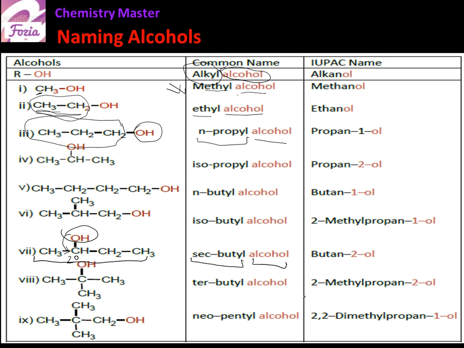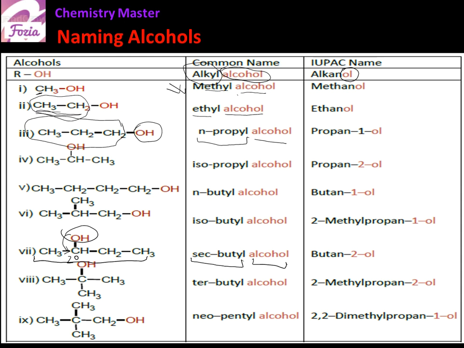But when we write the IUPAC name, we have to follow certain rules and regulations. In writing so, we replace the last E of the alkane by OL, so the name becomes alkanol. Suppose you have one carbon in the structure, then your name will be written from methane.